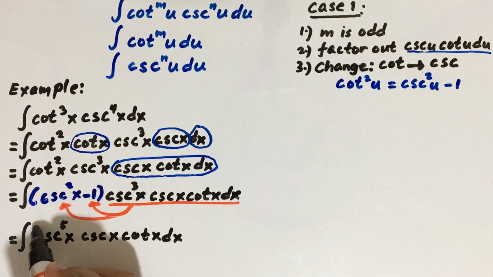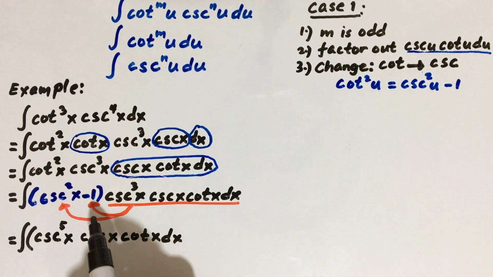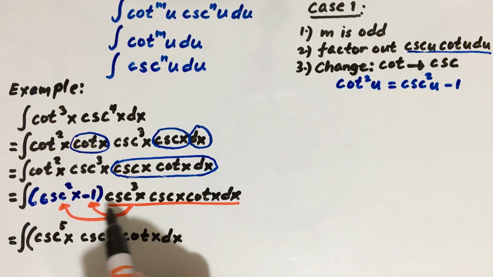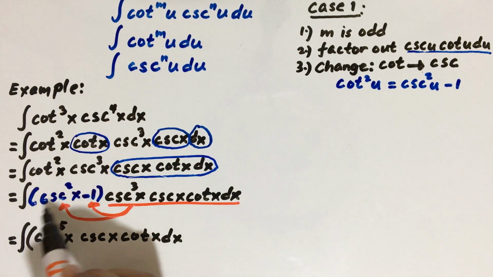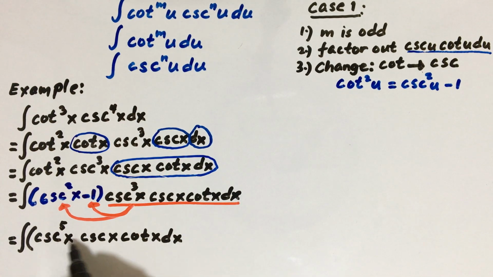We will put this inside the parentheses because we will distribute this integral sign later on. This is the first term of this quantity, we multiplied it by this one, and this is the result.